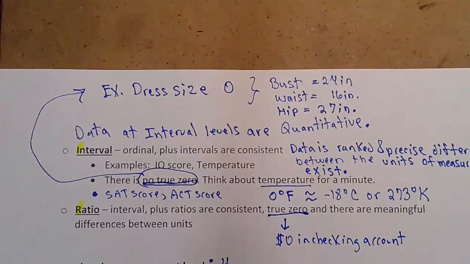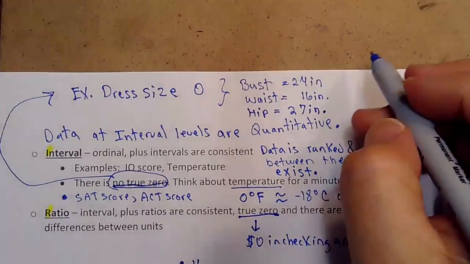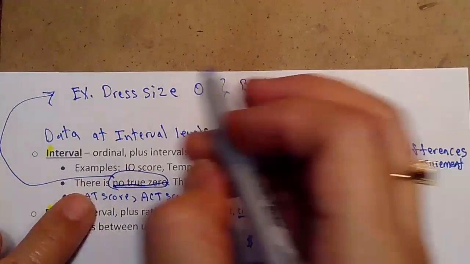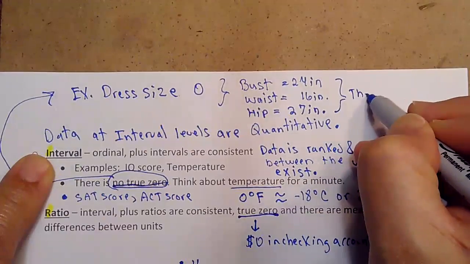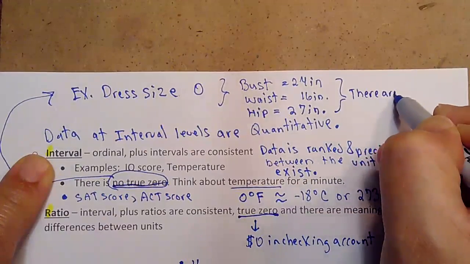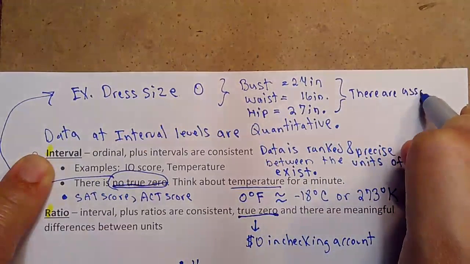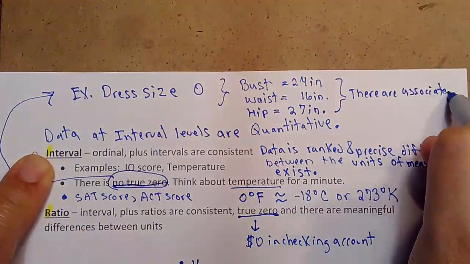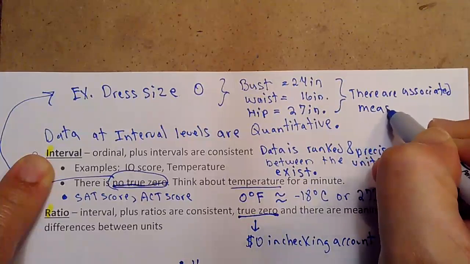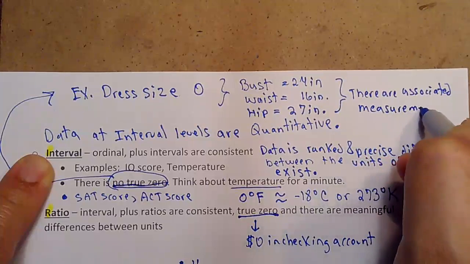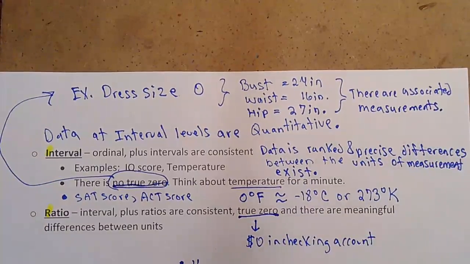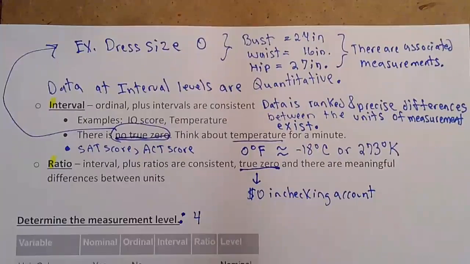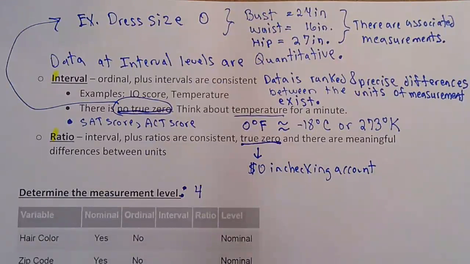So a dress size of 0 has associated measurements. It doesn't mean 0. Okay, so that's the interval there.